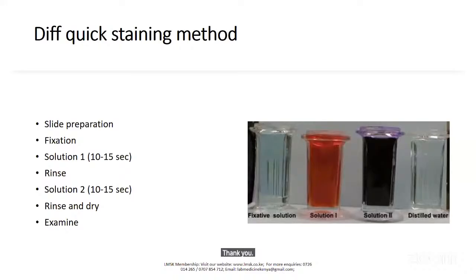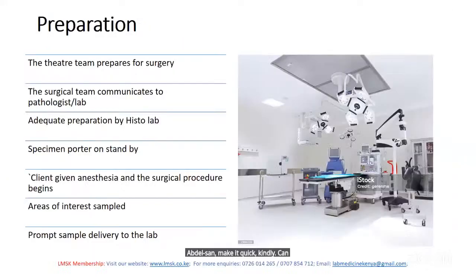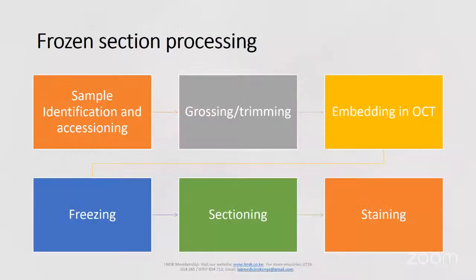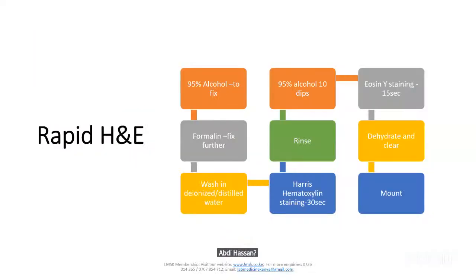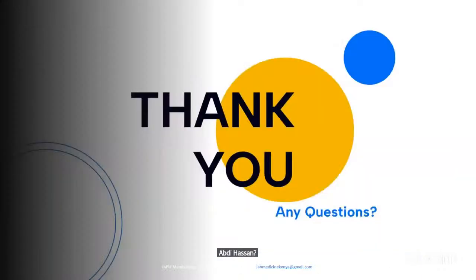Thank you, Christine. Abdi Fatah, I hope it helps. Next person is Abdi Hassan. Abdi Hassan, make it quick, kindly. You can unmute now, Abdi. Abdi Hassan, are you there?